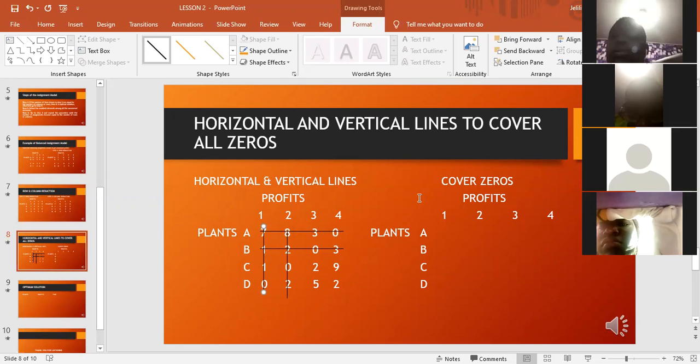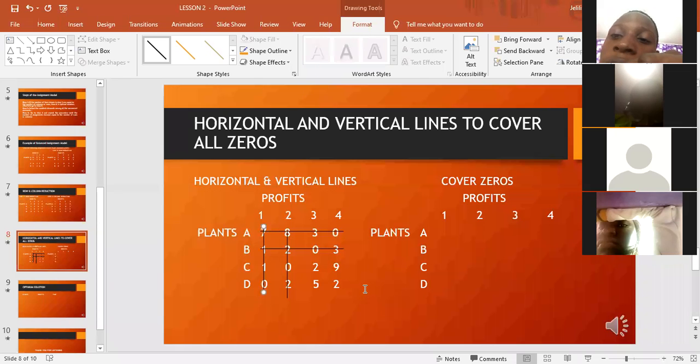That is the zero. So how many lines do we have now? We've covered 2 columns and 2 rows. In the table, how many rows do we have? 1, 2, 3, 4.